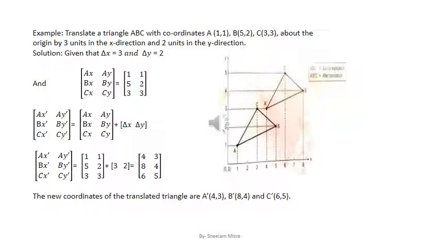So we can write the new coordinates Ax dash, Ay dash, Bx dash, By dash, Cx dash, Cy dash equal to Ax, Ay, Bx, By, Cx, Cy plus delta x and delta y. So we have the matrix 4, 3, 8, 4, 6, 5. The coordinates of the translated triangle will be A dash 4, 3, B dash 8, 3 and C dash 6, 5.